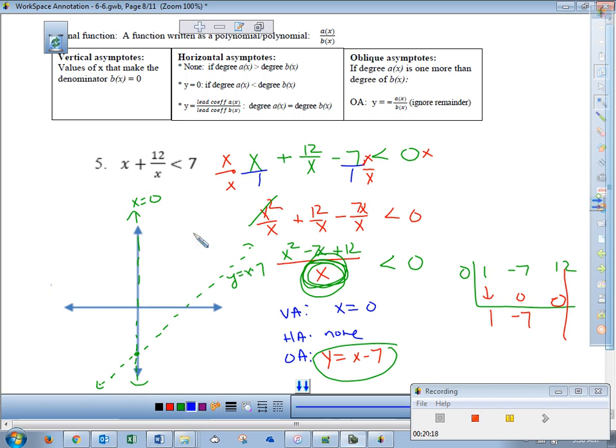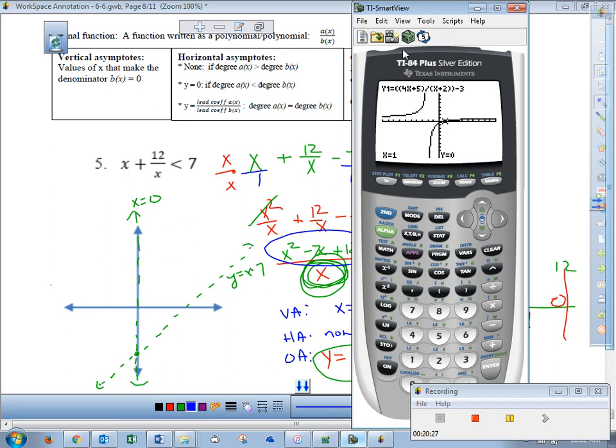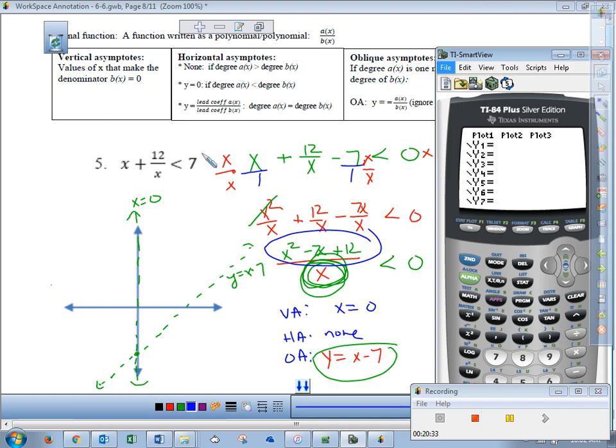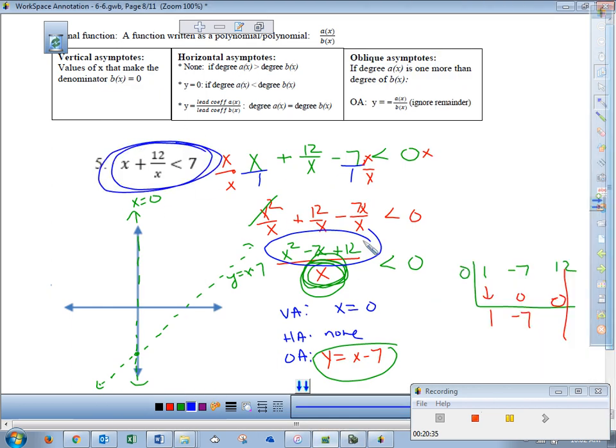You could use your calculator to find them if you want to. You could see if that factors, which it does very easily. But since we need the calculator, why don't we just use the calculator? I would not type this in. That would be a mess. Type this in instead.